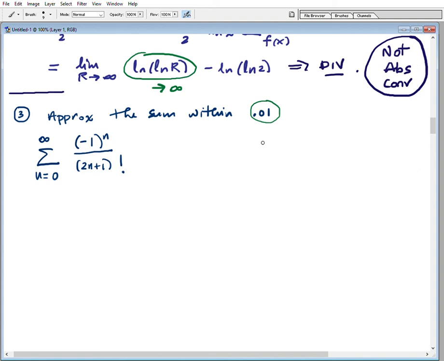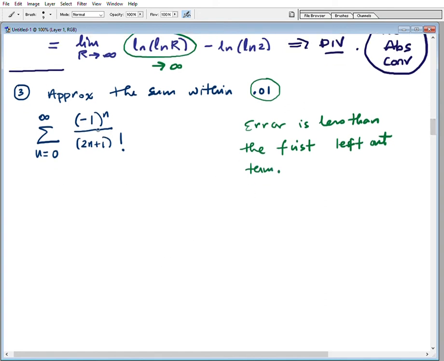What we saw yesterday is that the error is less than the first term that's left out. So all we have to do is look at the various terms in absolute value until we get to a term that's less than 0.01. So we'll just calculate some of these.